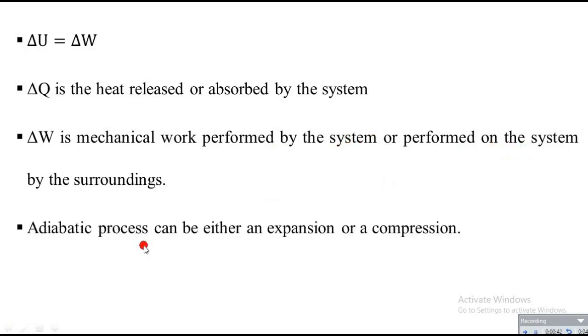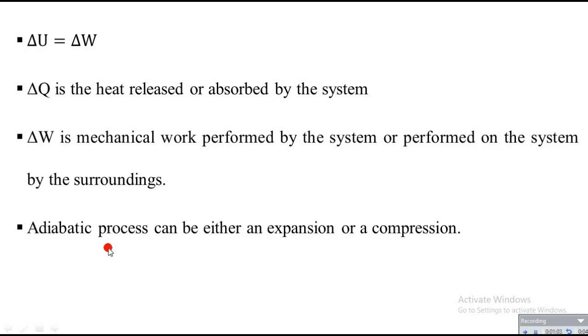So an adiabatic process can be a system which is expanding adiabatically. In that case, we have an expansion, increasing the volume, but dQ, the heat, is 0. In that case, we have adiabatic expansion.